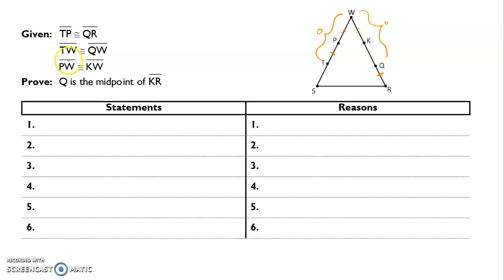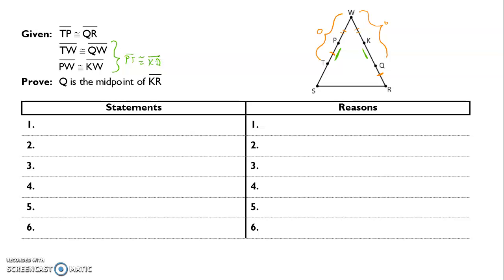If I know that TW is congruent to QW and that PW is congruent to KW, I can conclude that this segment and this segment will be congruent using the subtraction property. So these two pieces tell me that segment PT is going to be congruent to segment KQ.